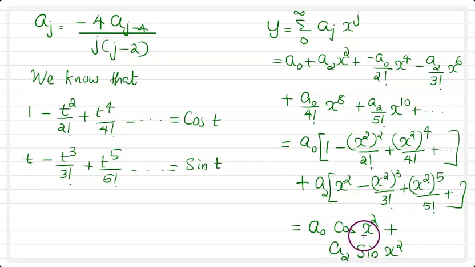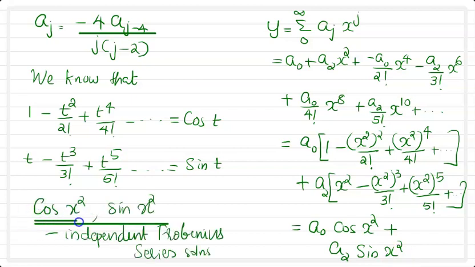Thus, this is in fact a general solution of our differential equation, and cosine function and sine function are mutually independent as well. Thus, we have obtained cos x square and sin x square as the independent Frobenius series solutions. These two functions give the independent Frobenius series solutions to our differential equation.